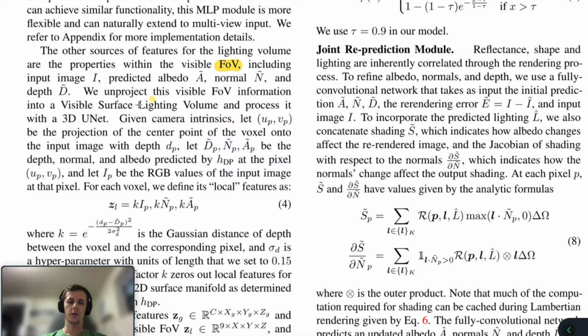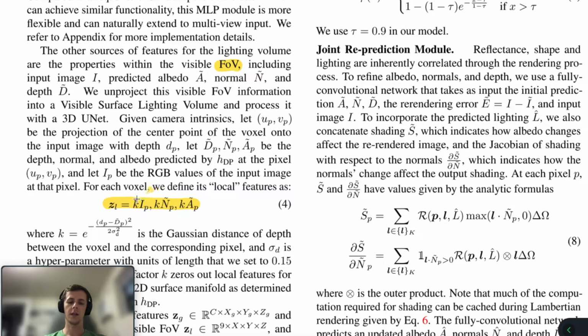So what they do is unproject this visible field of view information and provide it to a 3D U-Net. Given the predictions of depth, normal, and albedo, if you back project them from a pixel point to a voxel, you can have a local feature by concatenating all this together.